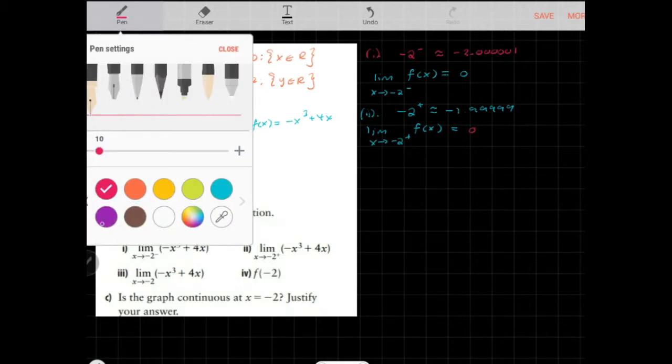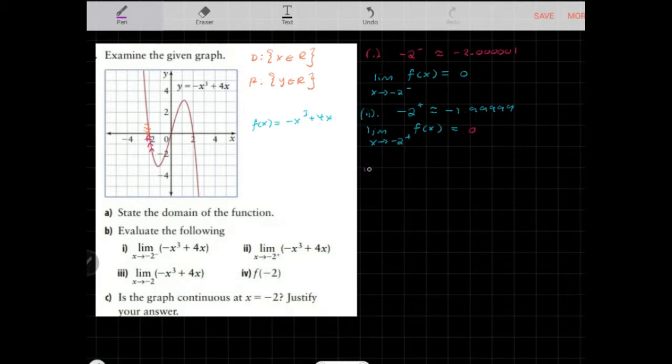Now, for part 3 here, we can see that limit as x approaches -2 of f of x, and this is the original limit, right? And we can utilize the limit property. The limit property in question that we're going to be using is: limit as x approaches a of f of x should be equal to f of a, and it should be equal to L, and this L should be a finite value, right?